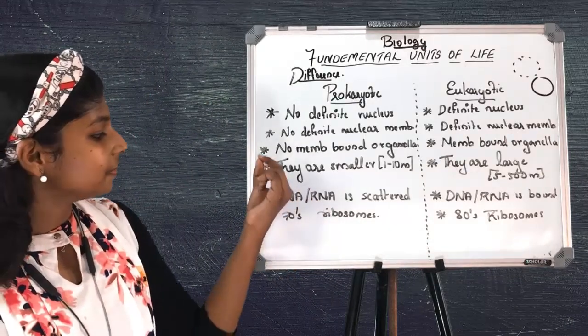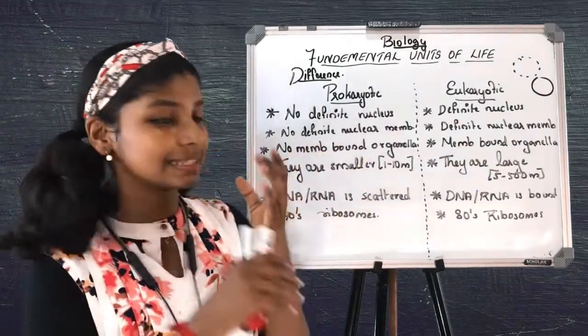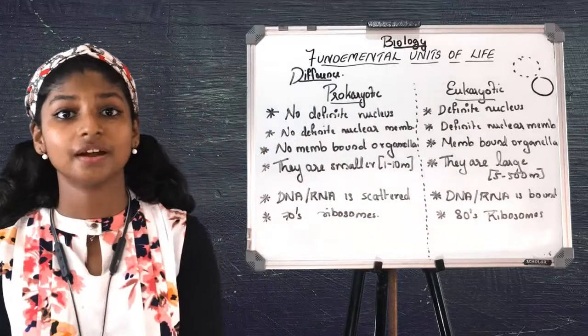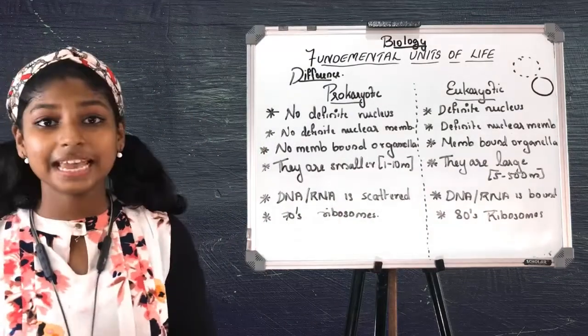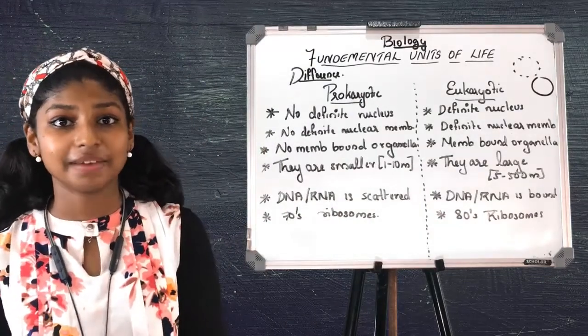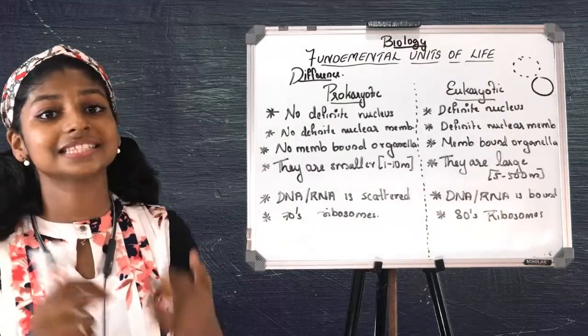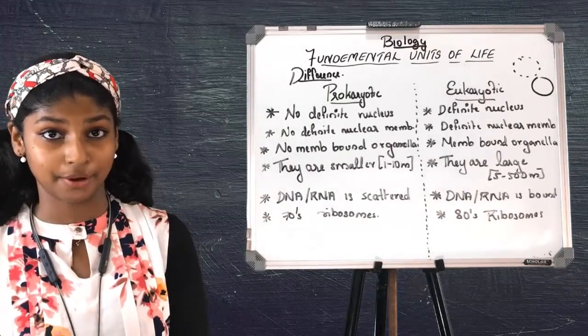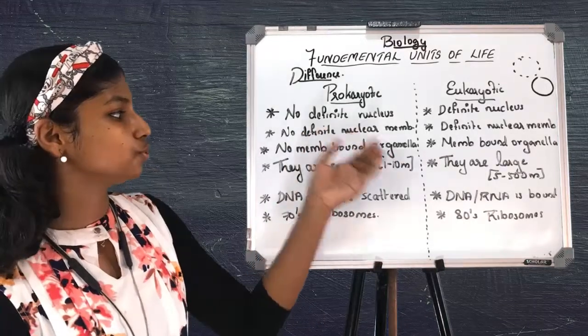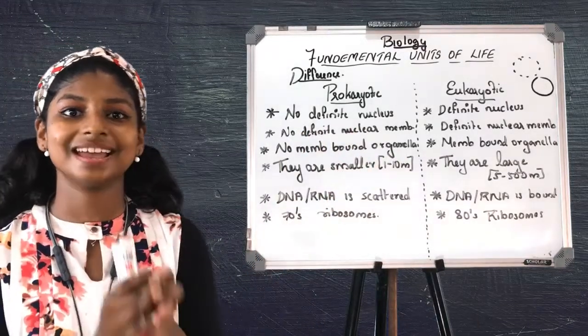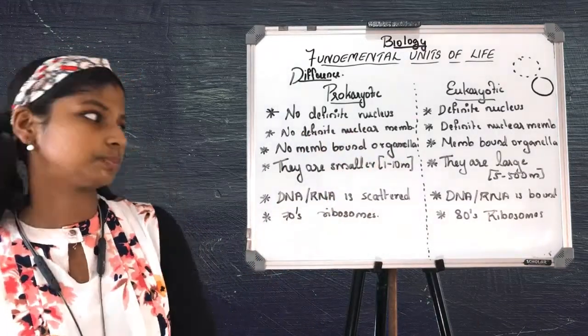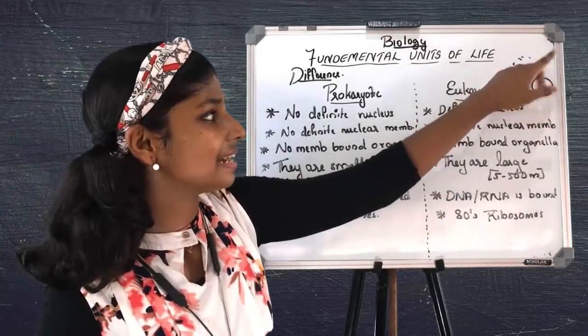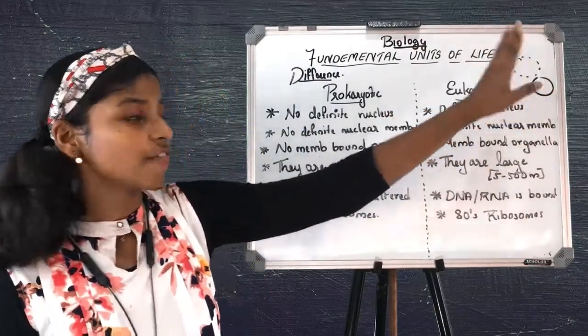Next we have that DNA or RNA is scattered around the nuclear region. DNA and RNA are the genetic materials, and they are scattered around the nuclear region. Why? Because they do not have a definite nucleus and a definite nuclear membrane. So they are scattered inside the amorphous surface.